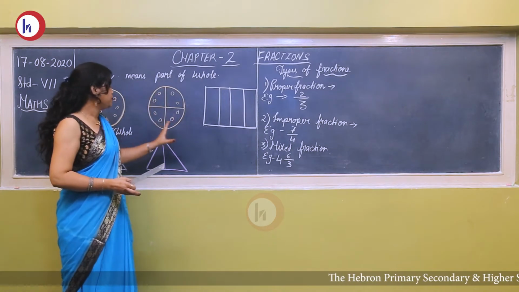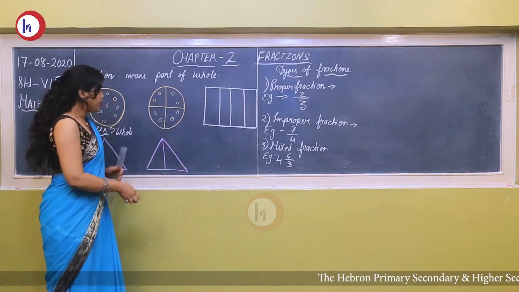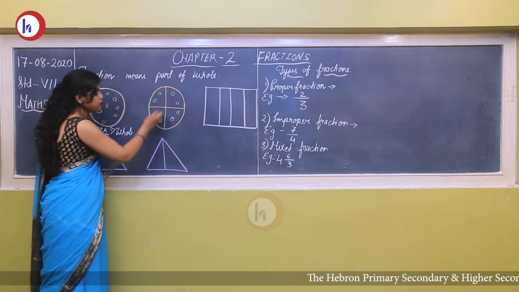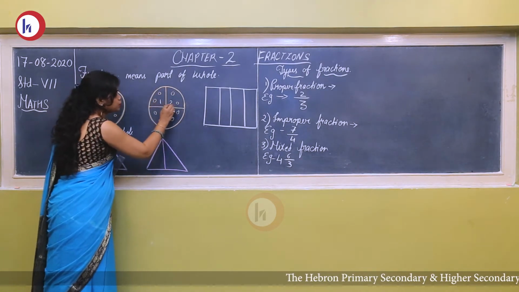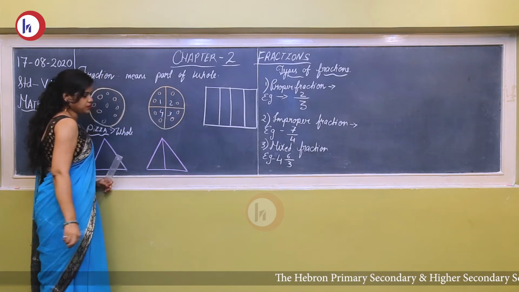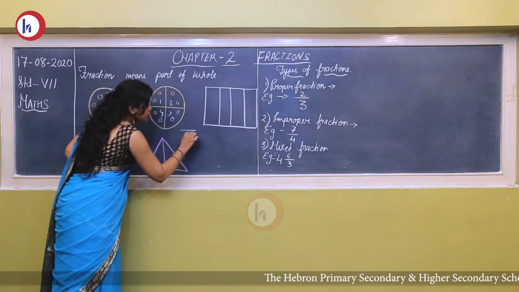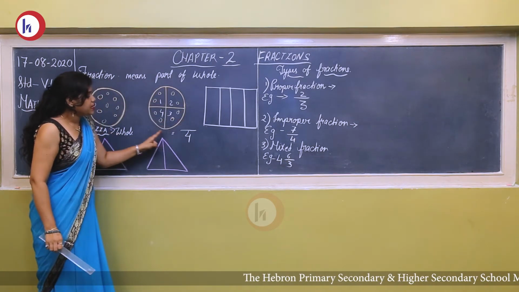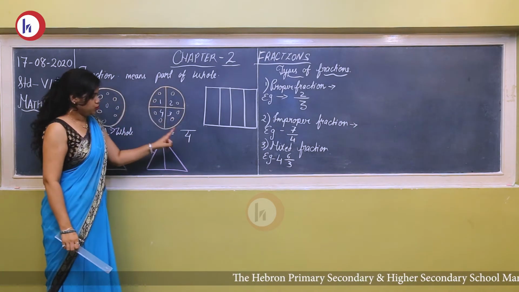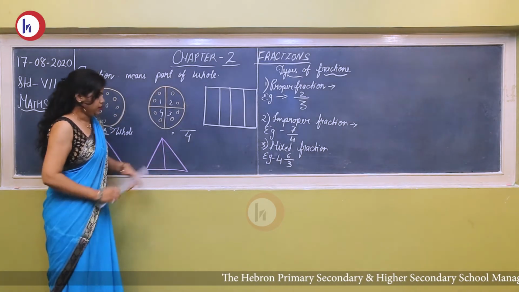So we always divide the pizza into 4 pieces. Now when you are dividing this pizza into 4 pieces, means one pizza is divided into 1, 2, 3, 4 sections. So your 4 sections go into the denominator. Means one pizza is divided in 4 parts. So we write that as denominator.